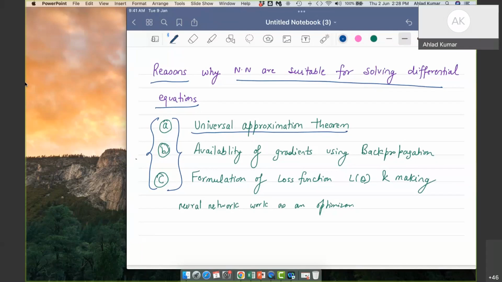The second most important motivation they saw was the availability of the gradients using back propagation. This is again one of the most important things required for differential equations, because in differential equations we have derivatives.